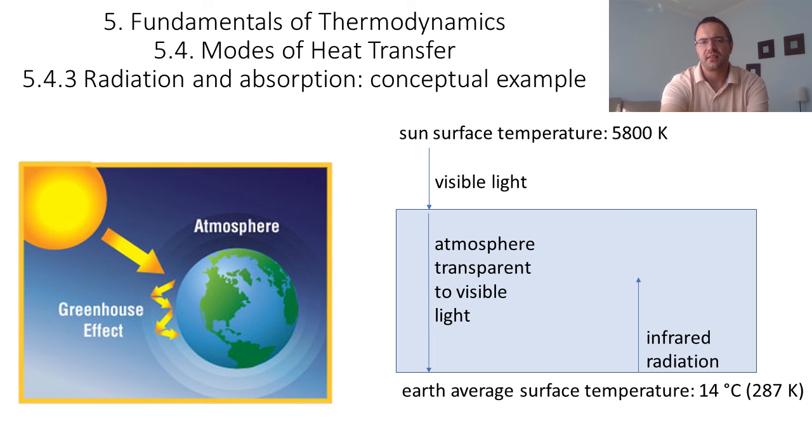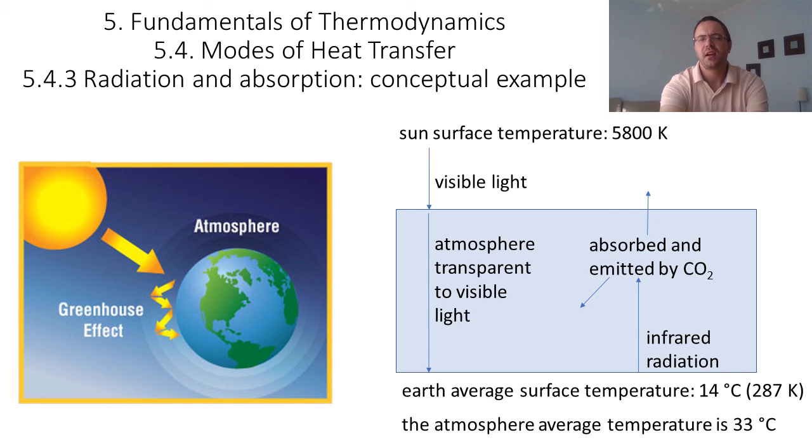And at that temperature, most of the light radiated is in the infrared range. The atmosphere is mostly transparent to infrared radiation, except for a few gases like carbon dioxide that will absorb and re-emit the infrared radiation. Some of the radiation is re-emitted towards the space, but some of it is also re-emitted towards the Earth. And this is the greenhouse effect. And it keeps the atmosphere average temperature around 33 degrees Celsius. And it depends on the amount of greenhouse gases that are in the atmosphere.